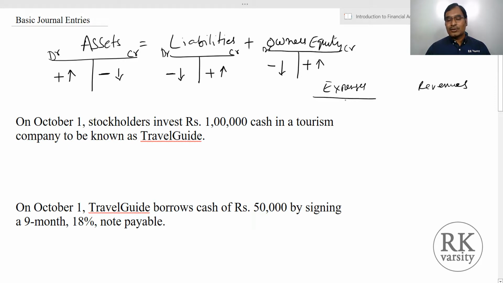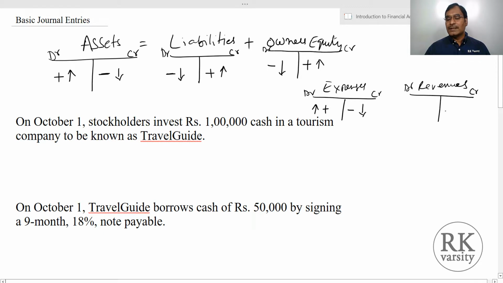When it comes to expenses, any increase in expenses we debit, and any decrease in expenses we credit. And when it comes to revenues, when there is an increase in revenues, you will credit it, and when there is a decrease in revenues, we debit it. So this is related to the rules of debit and credit.